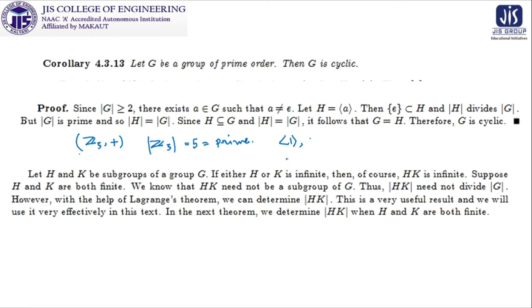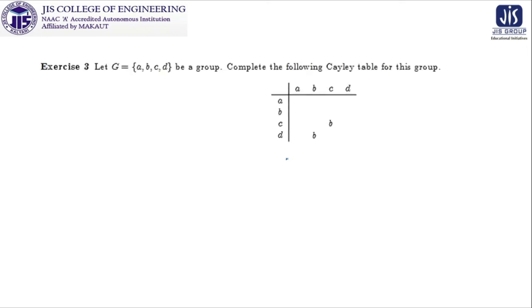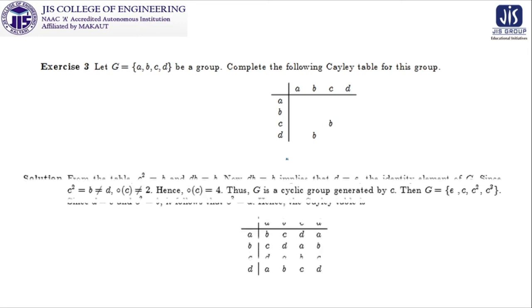Okay, now proceeding further, we have one exercise: to prove that {A, B, C, D} is a group. Now we have to complete the following Cayley table for this group. How to do this?